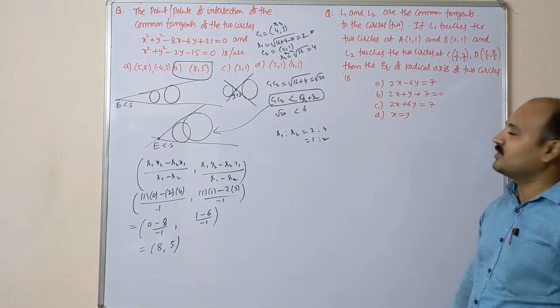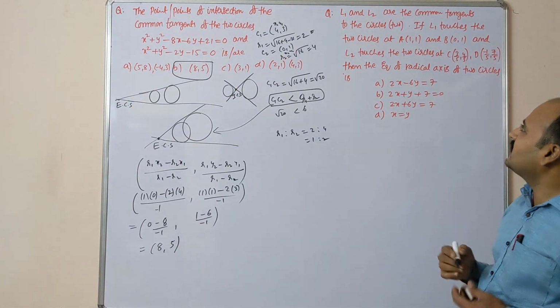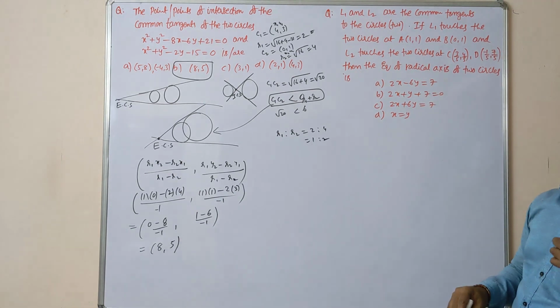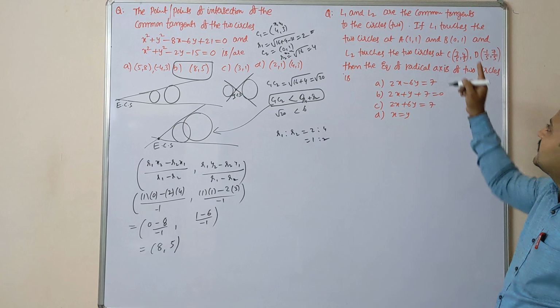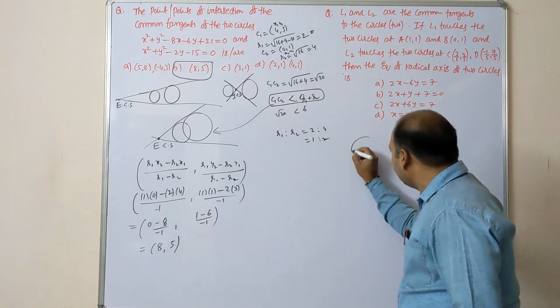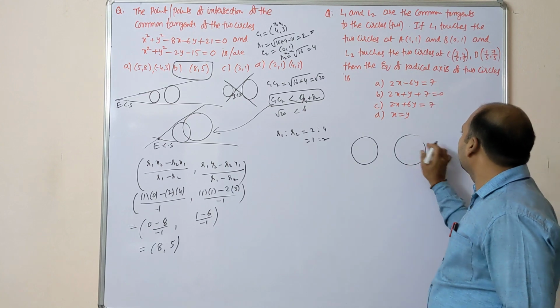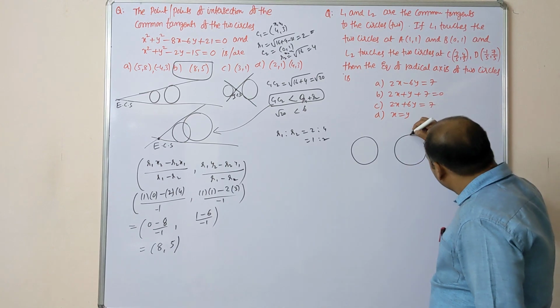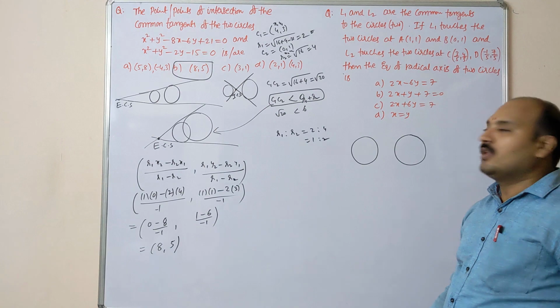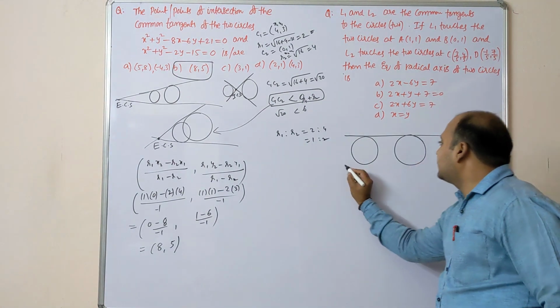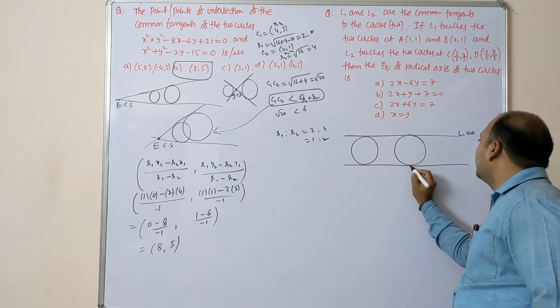So we'll move on to the next question, dear students. This is a good question. If L1 and L2 are the common tangents to the circles, so these are the circles. This is L1 equal to 0, and this is L2 equal to 0.